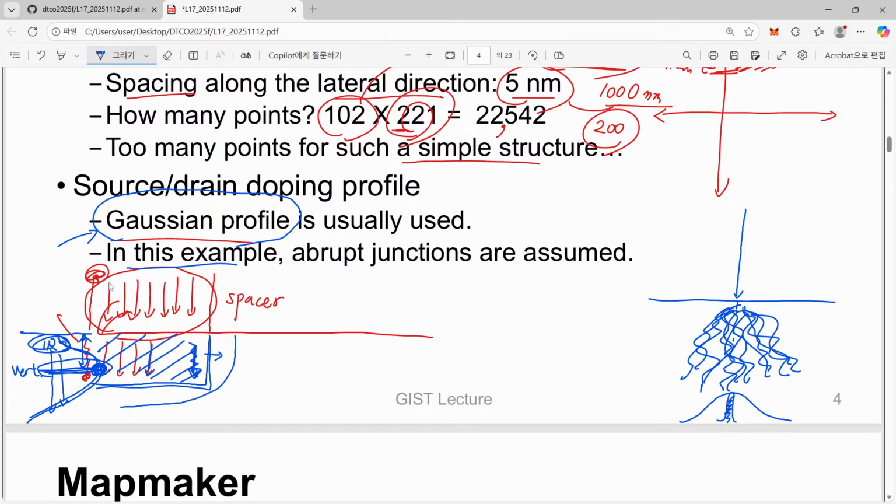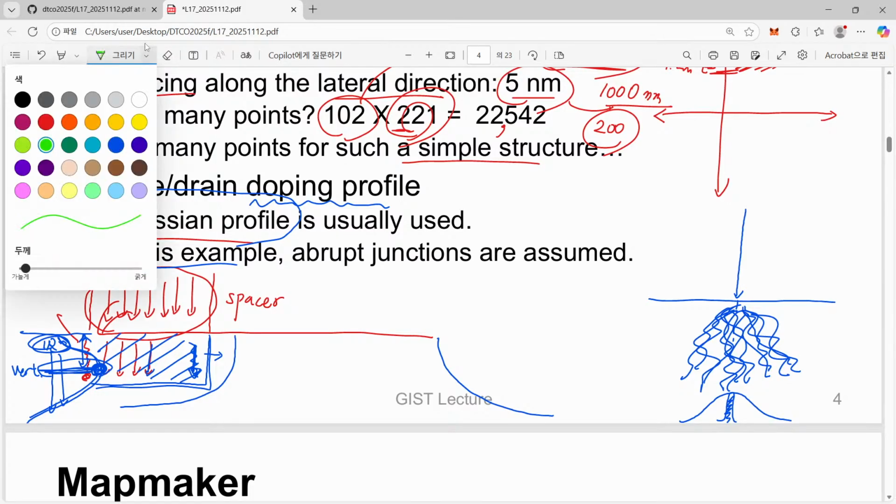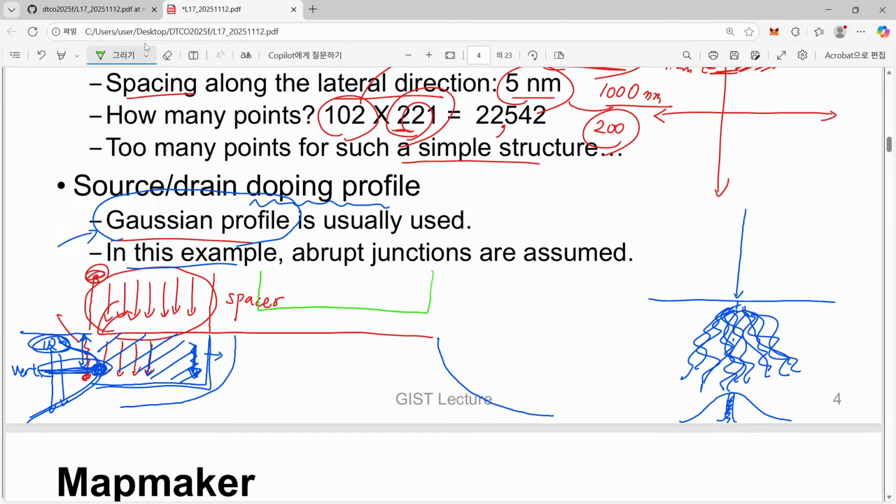Although we are using this highly idealized shape, please understand that design of a doping profile is one of the most important design factors for our device performance. Who actually decides the actual channel length? Maybe you can answer this way. There exists a gate, and this is metal.